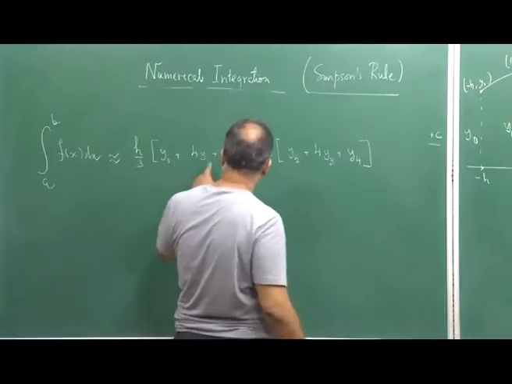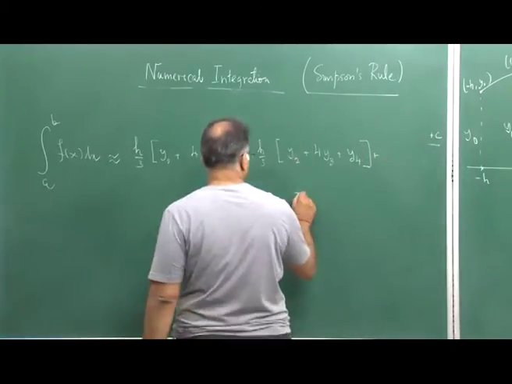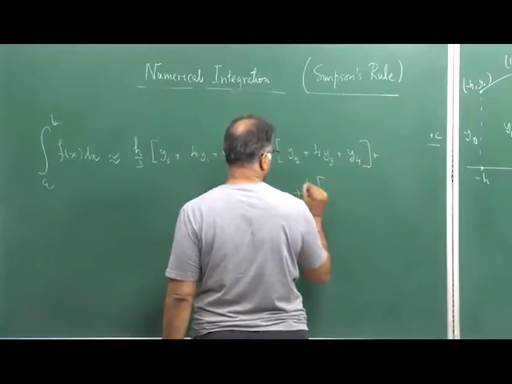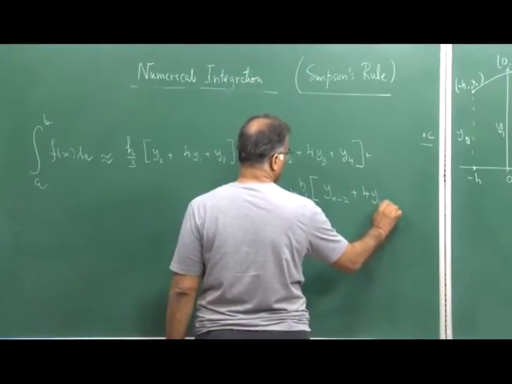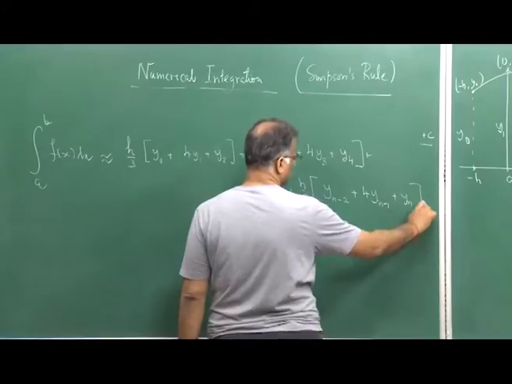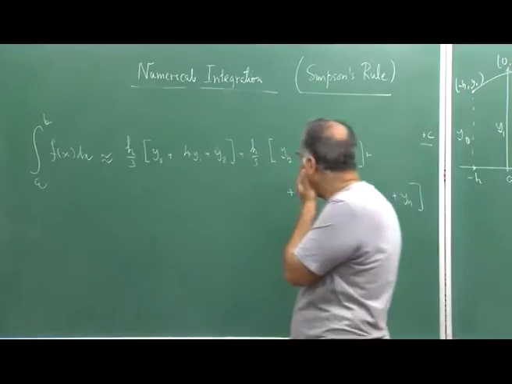So the first points are 0, 1, 2, then 2, 3, 4, then 4, 5, 6 and so forth, and the last part continues. The last one would give me h by 3 into yn minus 2 plus 4yn minus 1 plus yn. If I sum them up, it gives me a very beautiful symmetric thing, because you see y2 lands up twice.